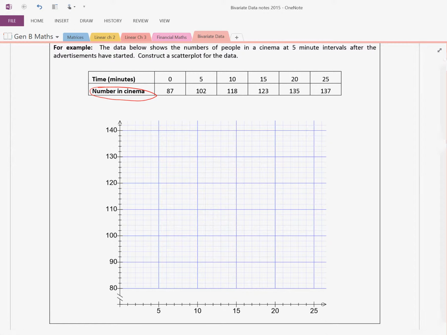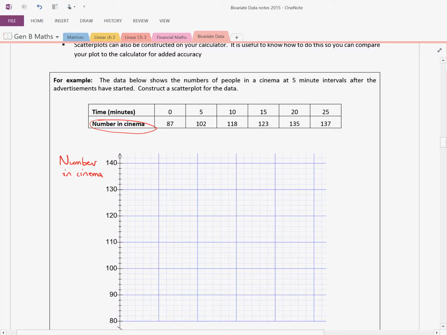Now, quite a few of you in your exams, I know in my class, didn't label axes. It's easy marks. You always have to label every axis, and you have to have correct units. And if you're drawing a graph, you have to have a correct scale and so on. And then I've got time in minutes.